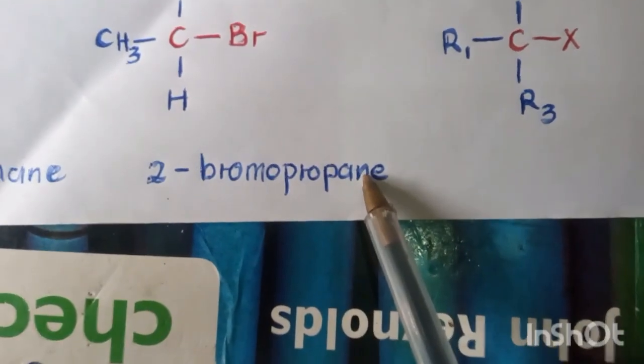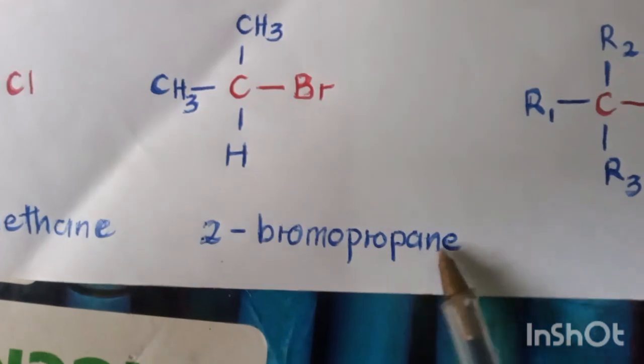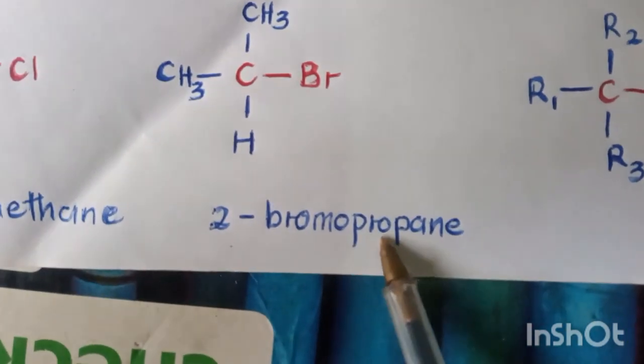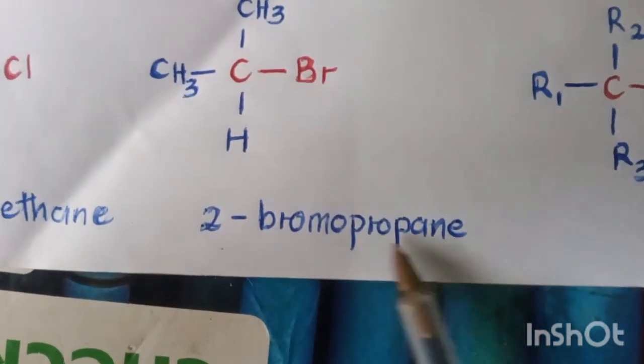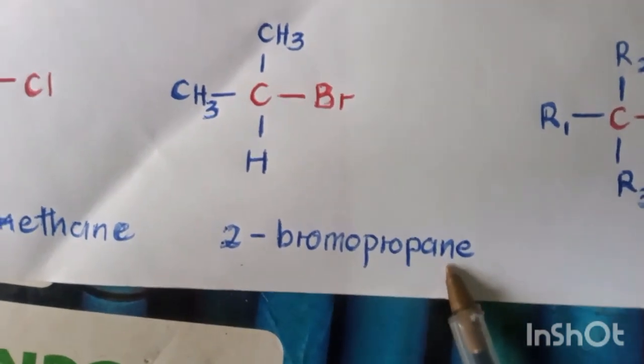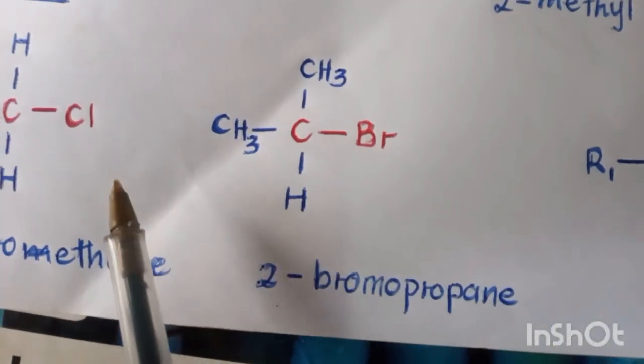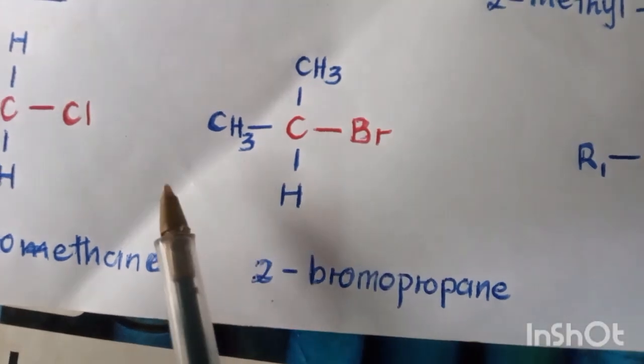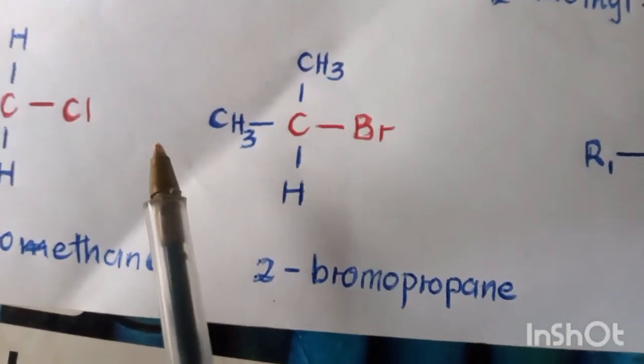That is the reason why I have written propane here. The ending part of the name of a haloalkane should contain the name of the alkane that has the same number of carbon atoms as indicated in the longest straight chain in your molecule.